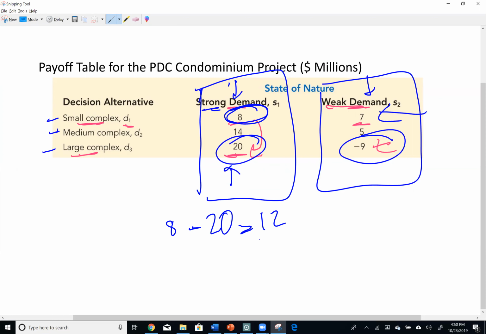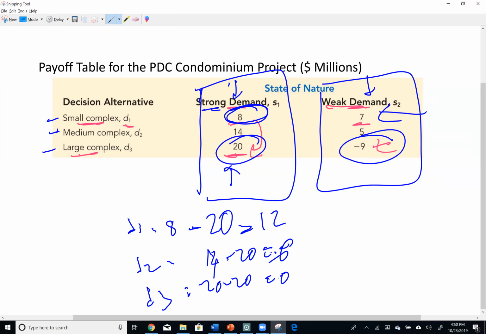So for decision number 2, if I make the same calculation, I would make 14, but maximum I could make is 20, so it's 6. And decision 3 would be I would make 20. The maximum I could make anyway is 20. I wouldn't have any regret. I'm calculating regret for each situation.